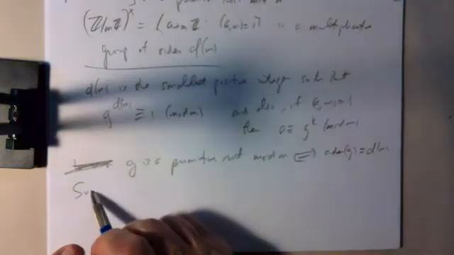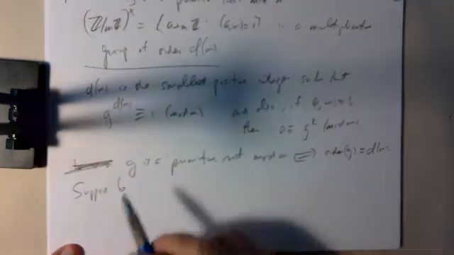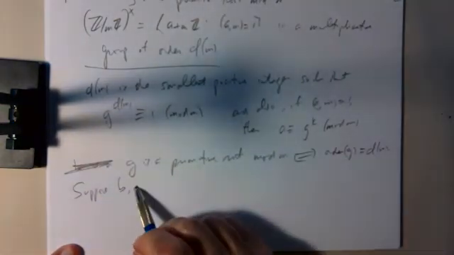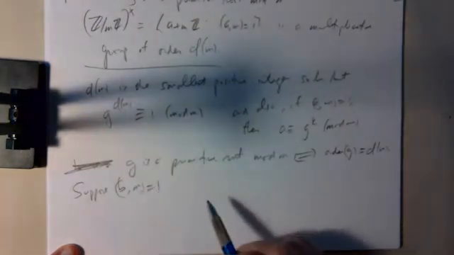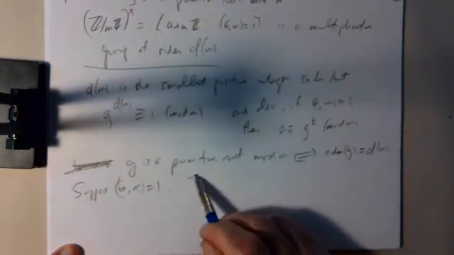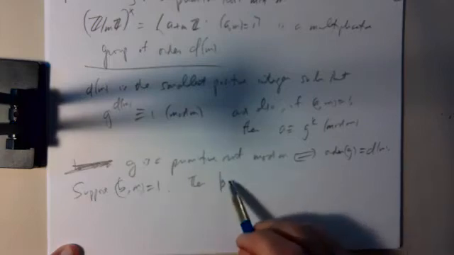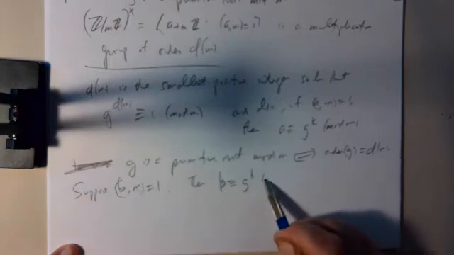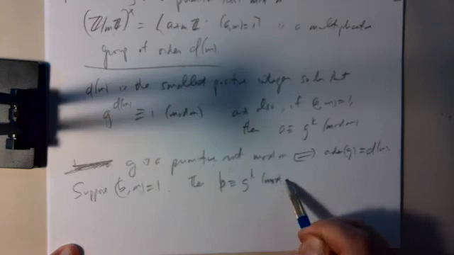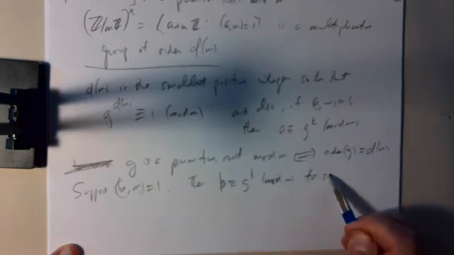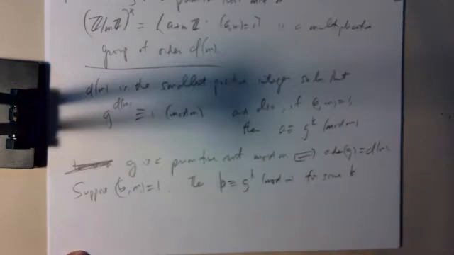So suppose b is relatively prime to m, then b is congruent to g to the k mod m for some k.